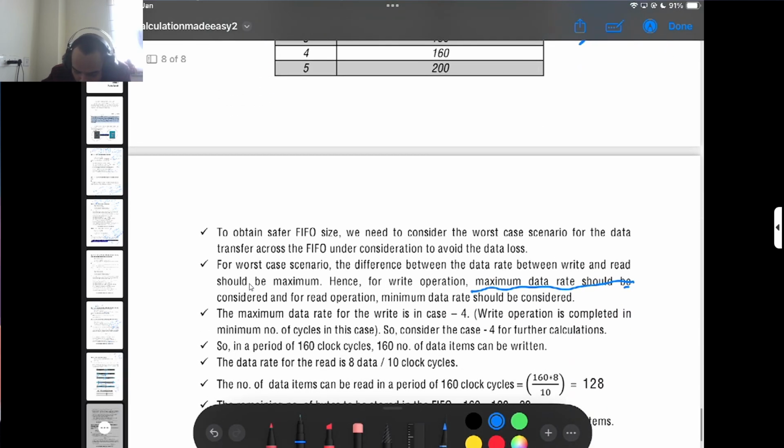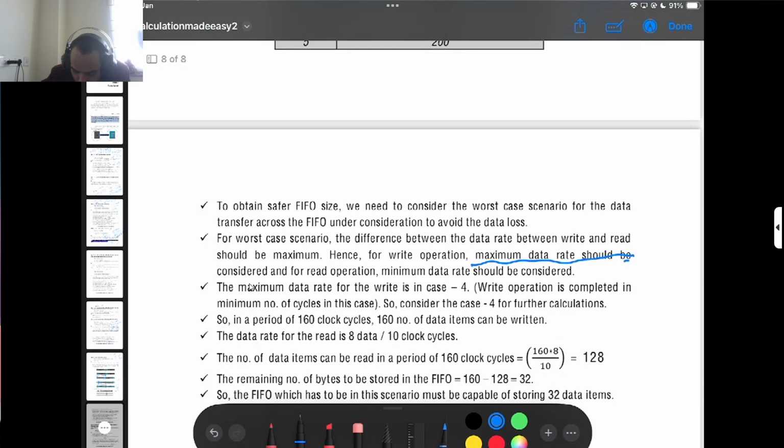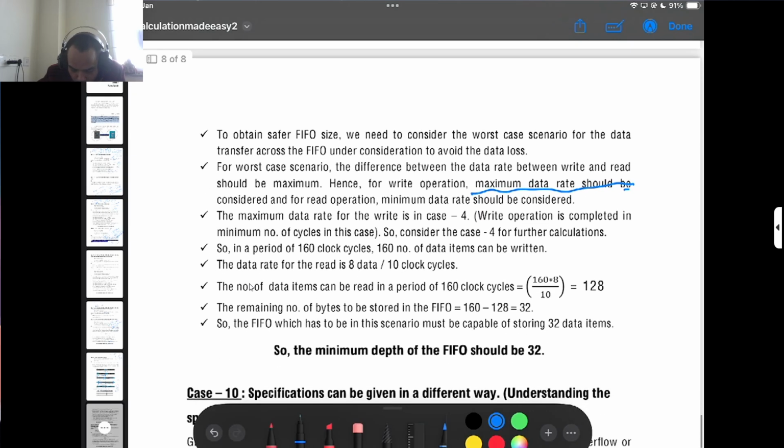So a total of 160 bits of data, if module 1 sends it, then what do we do? That is the problem. So 160, and the scenario for the worst case.